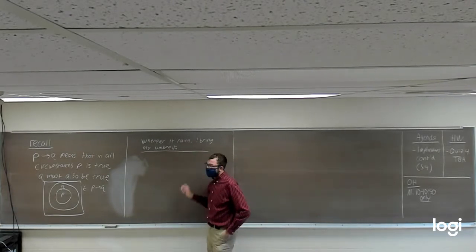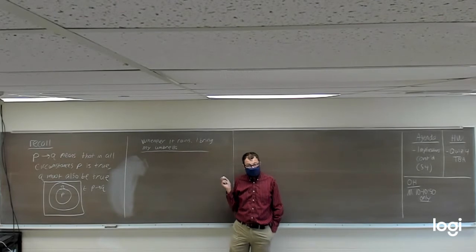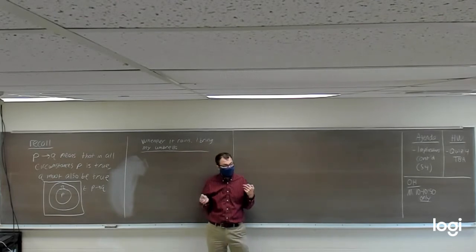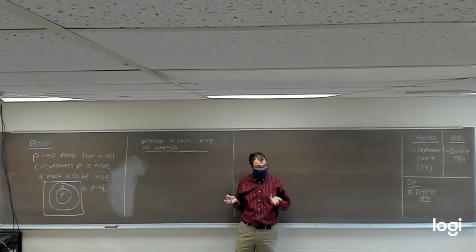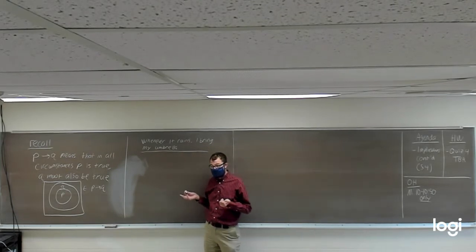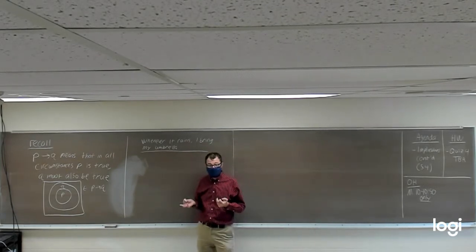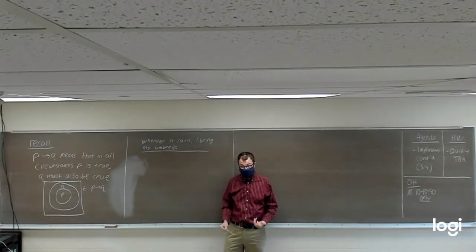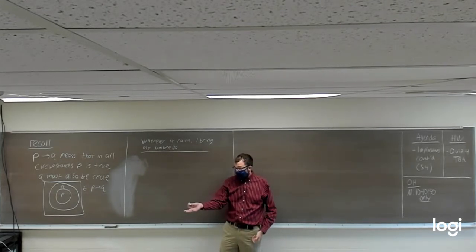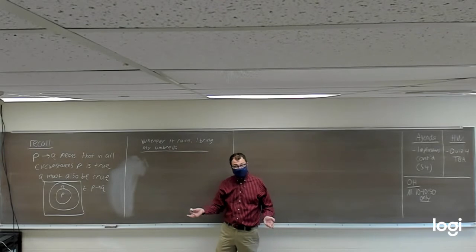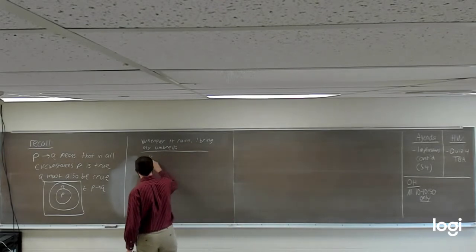How could we write this? How could we reword this sentence so that it means the same thing, except that it also includes the words if and then, so it looks like the form of the implications we were studying on Wednesday? If it rains, then I bring my umbrella. I agree.